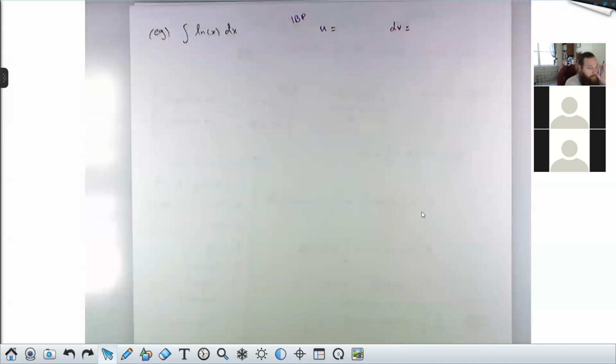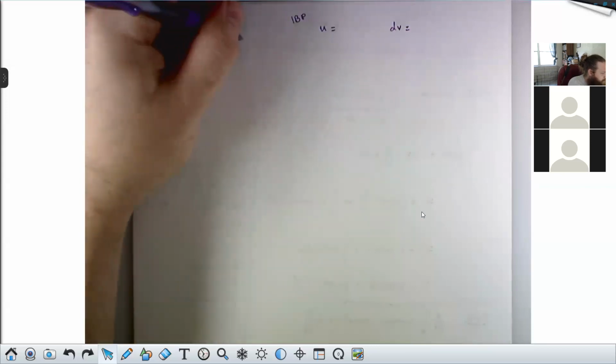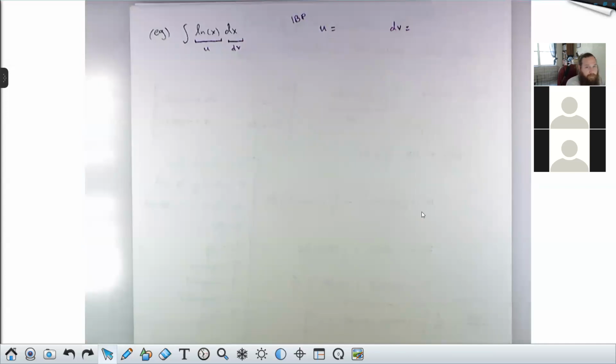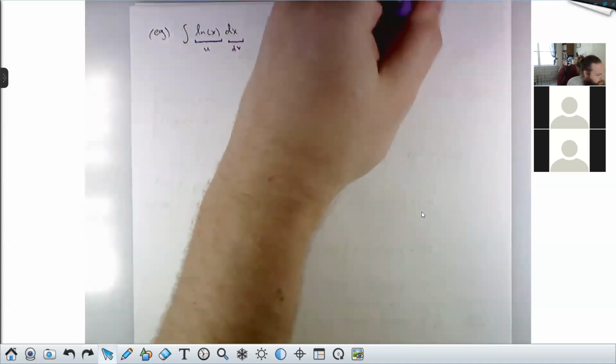Really, I just choose u and then everything else is dv. If I think about my LIPET rule, do I have any logarithms in this expression? Yes, I do. So right away, I'm going to pick u to be that logarithm expression and everything else to be dv. So u is the ln of x and dv is just dx.